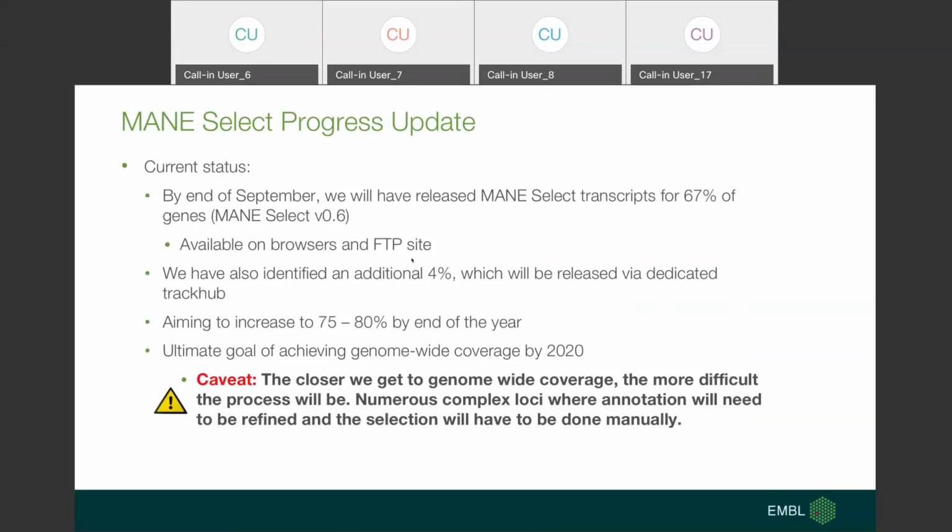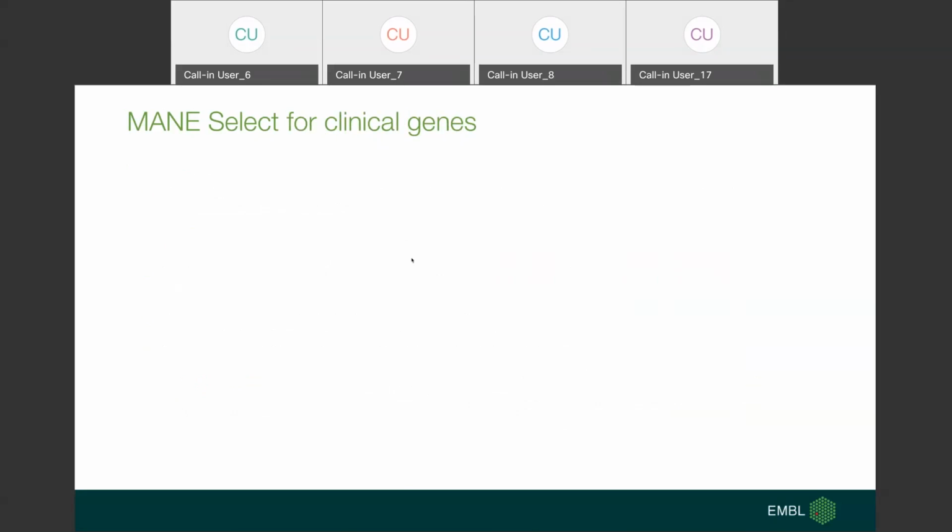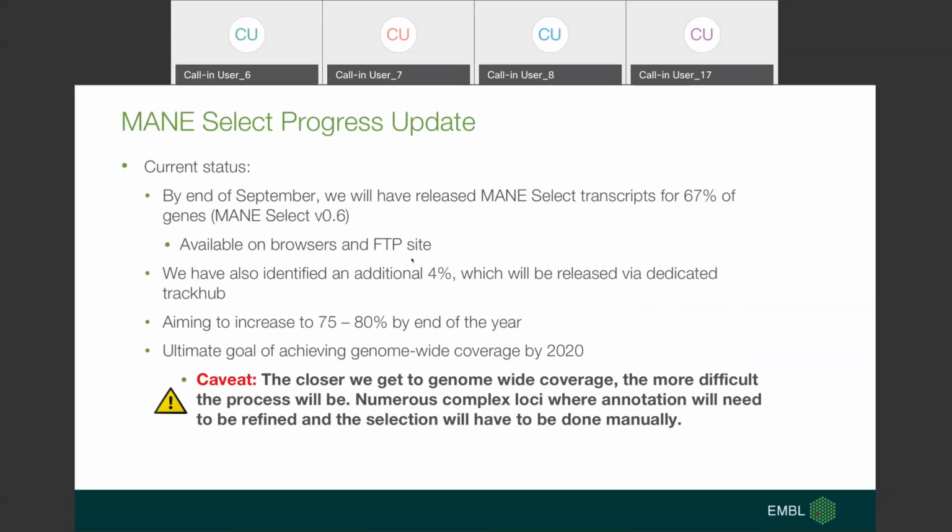As I mentioned already, there are numerous very complex loci where the annotation will have to be updated and refined, and we know all of this will have to be done manually. So we've released quite a large number of transcripts, but we will have to slow down a bit. It will happen, but we are working towards that whole genome coverage by 2020.